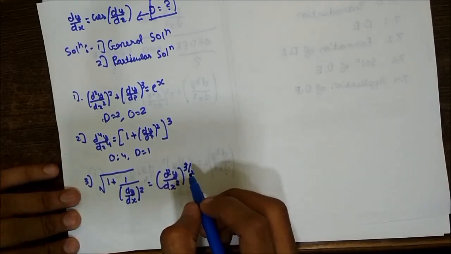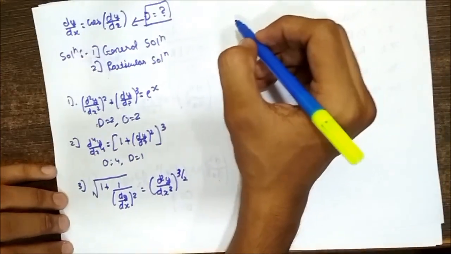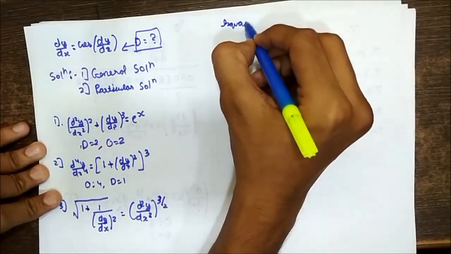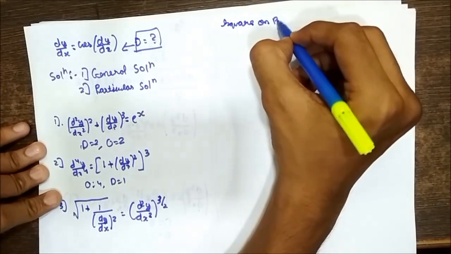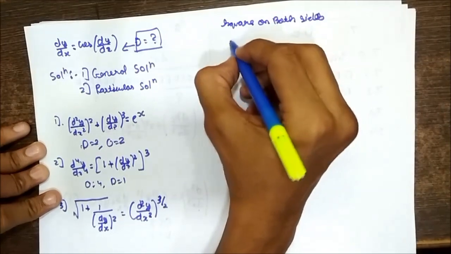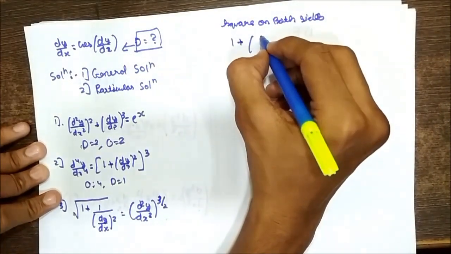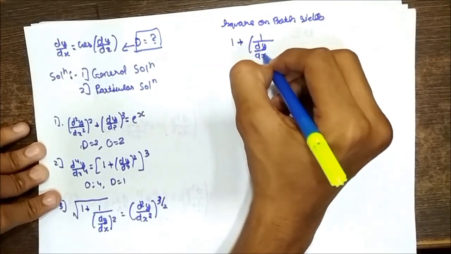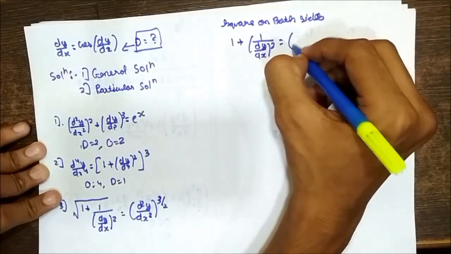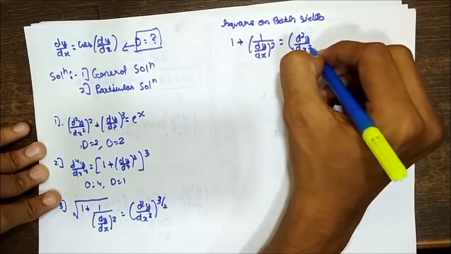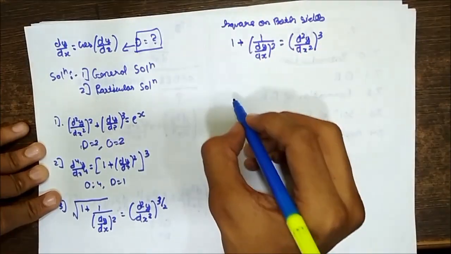Now what we have to do here is square both sides. That would become 1 plus 1 upon (dy by dx) the whole square is equal to (d square y upon dx square) raised to 3.